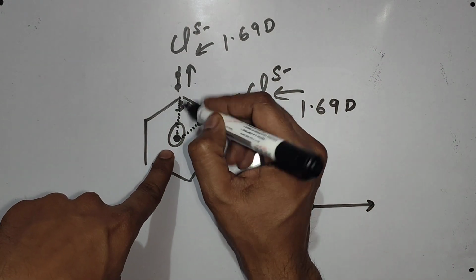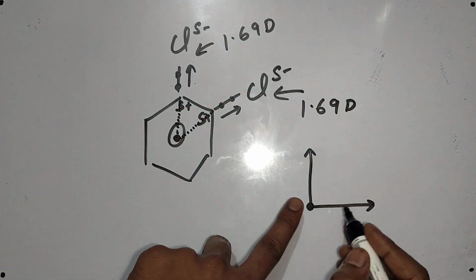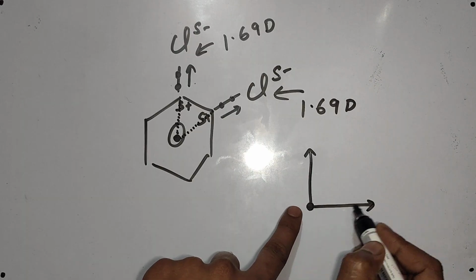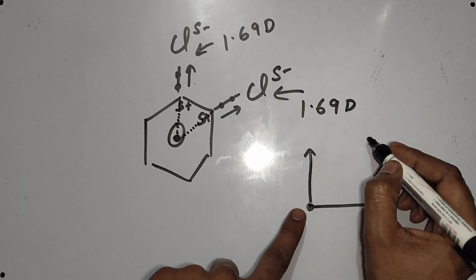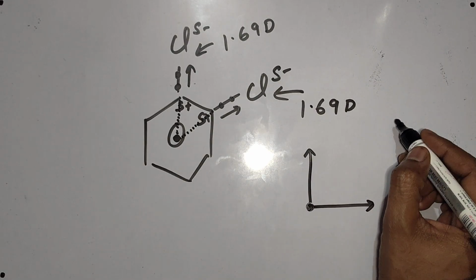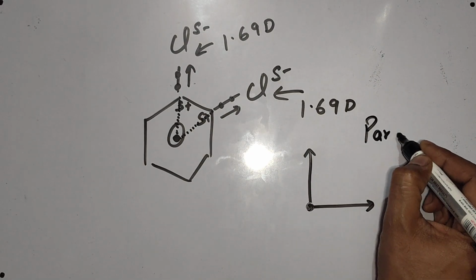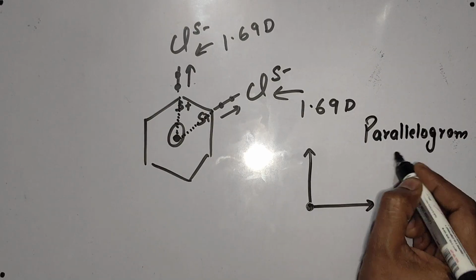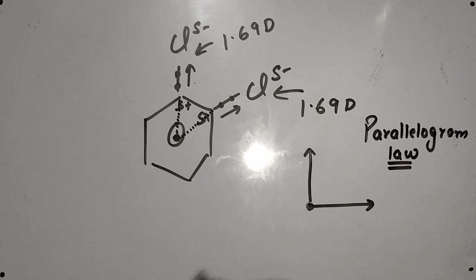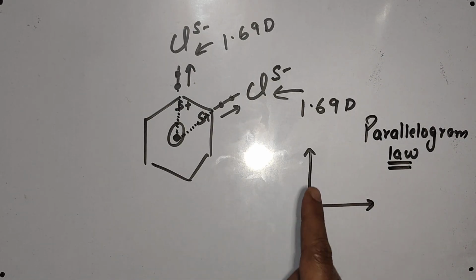Now because we know dipole moment is a vector quantity, when two vectors are starting from the same point, their addition is given by a law that we call the parallelogram law, for the addition of two vectors which start from the same point.